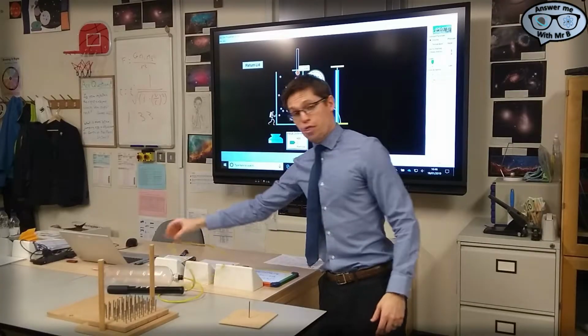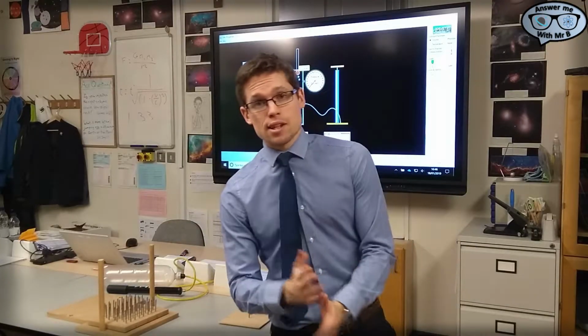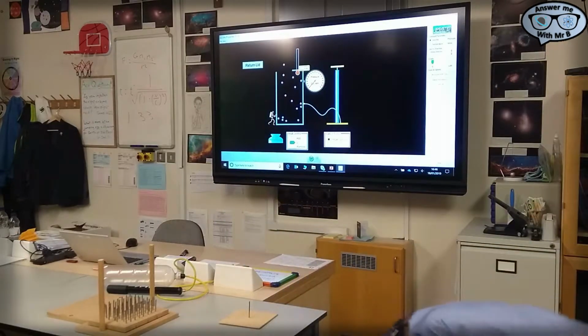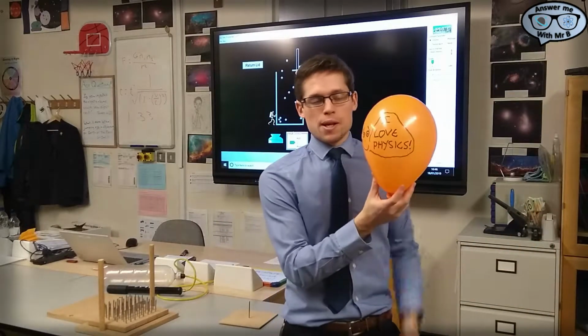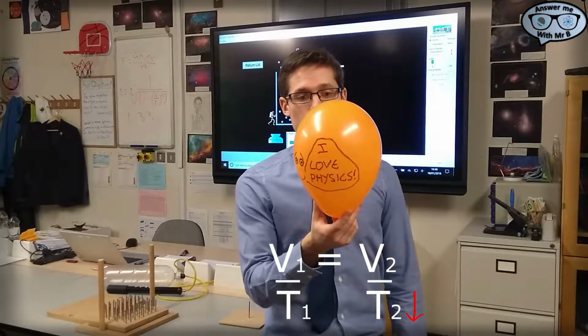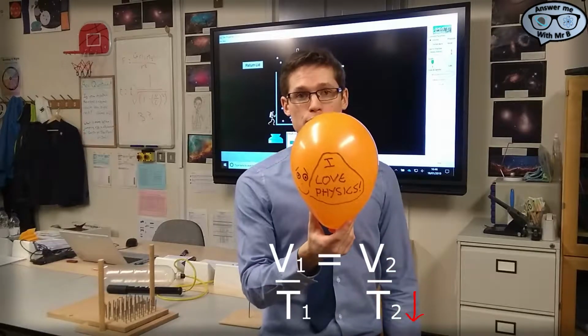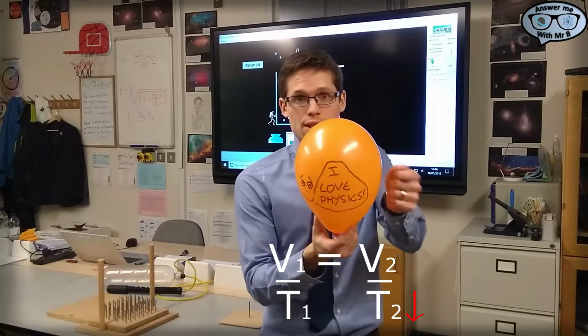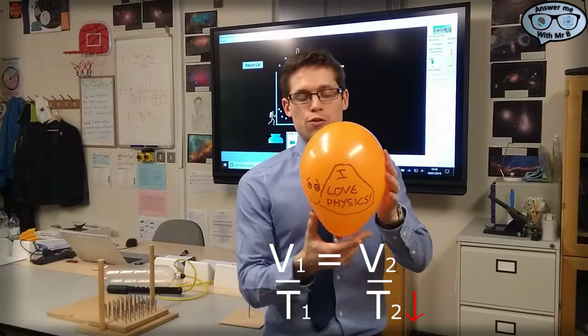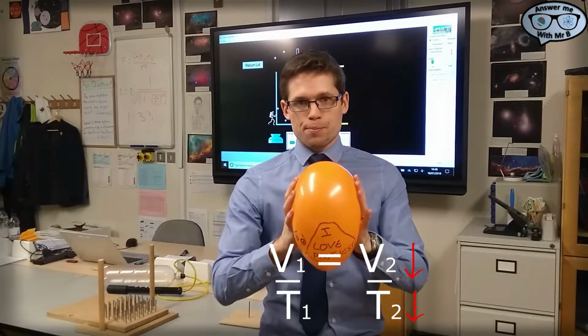And so the third relationship between gases is the link between volume and temperature. So, it's okay, we're still buddies. If I was to decrease the temperature of the gas inside this balloon, then the particles would hit the side of the balloon less hard and less often, and so the volume of the balloon would shrink.